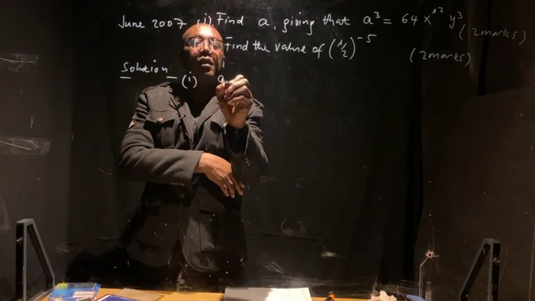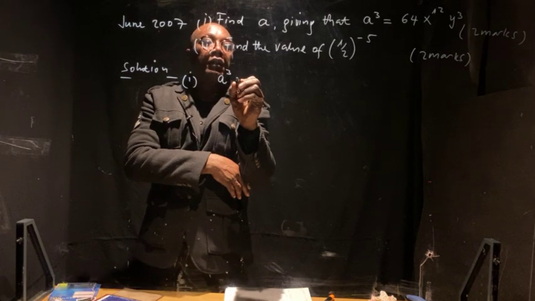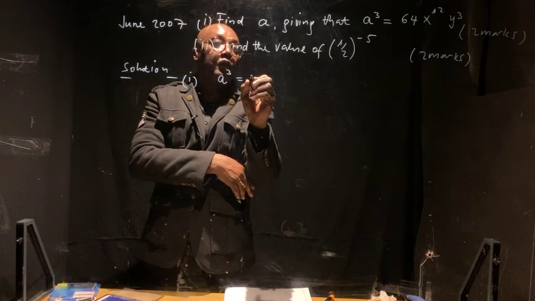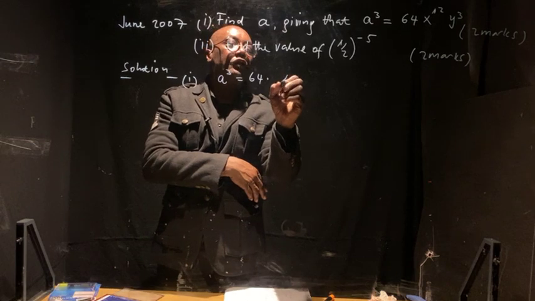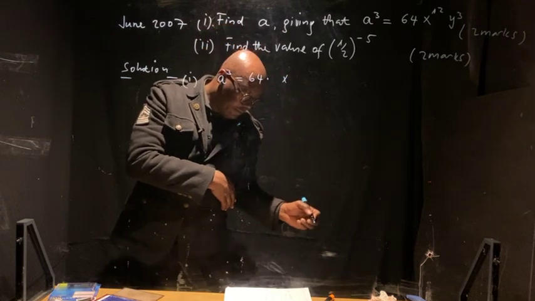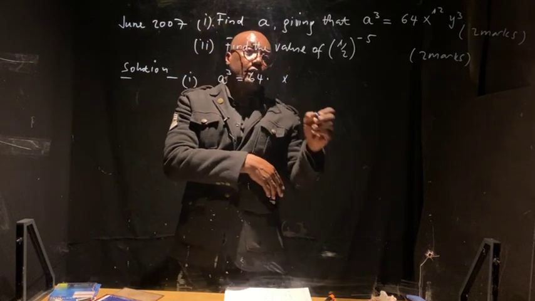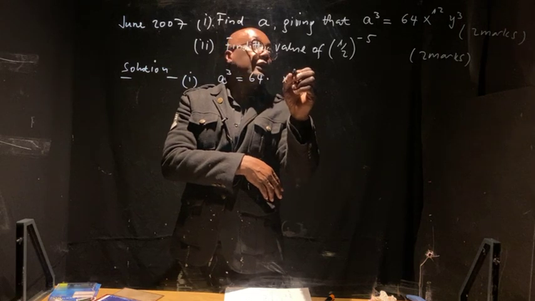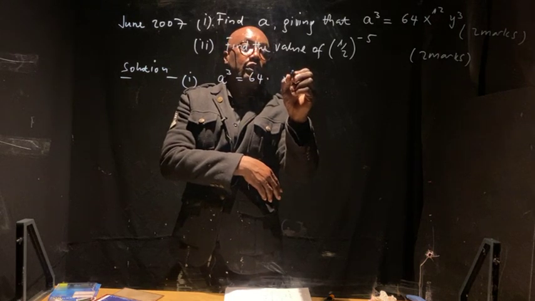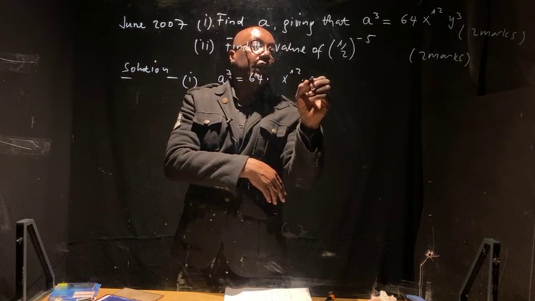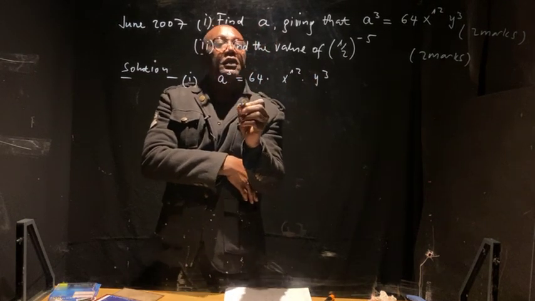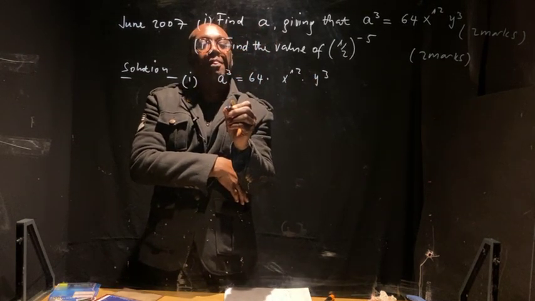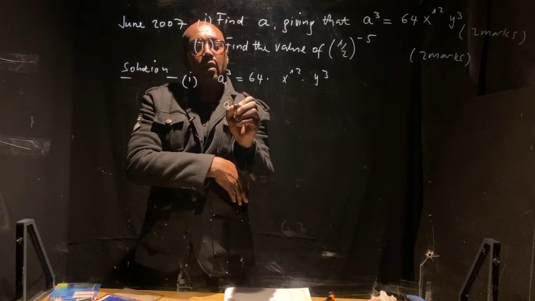a raised to the power 3 is equal to 64 multiplied by x raised to the power 12 multiplied by y raised to the power 3. This is no different from a.